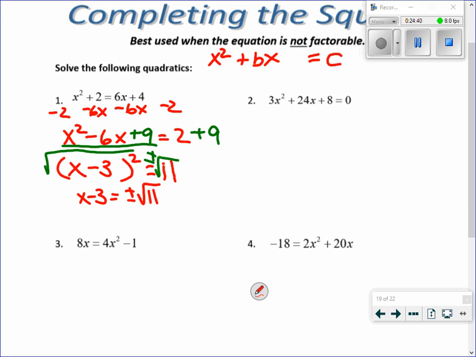And then what's our last step? To add 3, and remember when we're adding 3, make that positive 3 go in front of that plus or minus. So x will be equal to that positive 3 plus or minus square root 11.